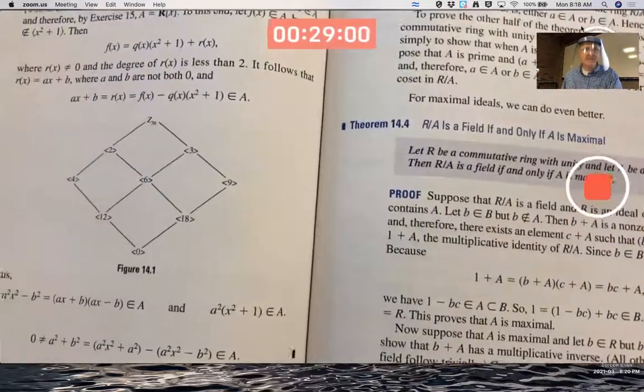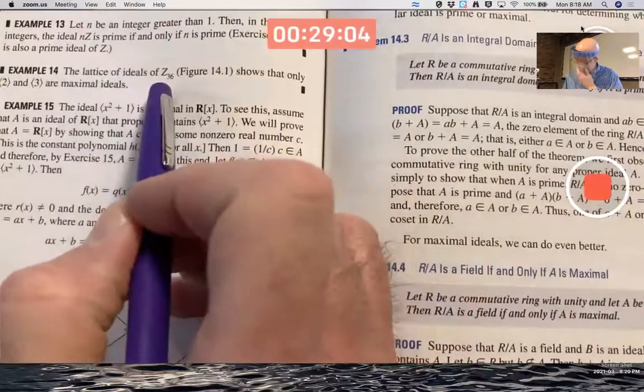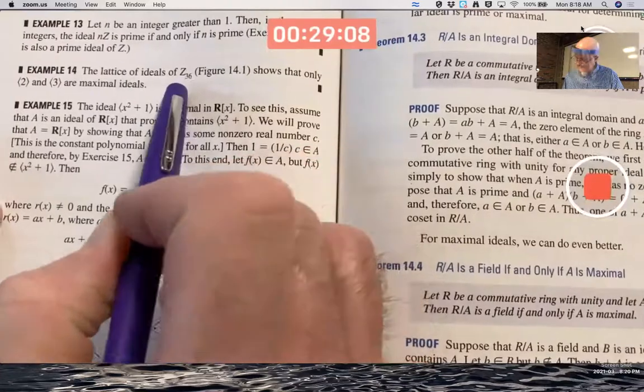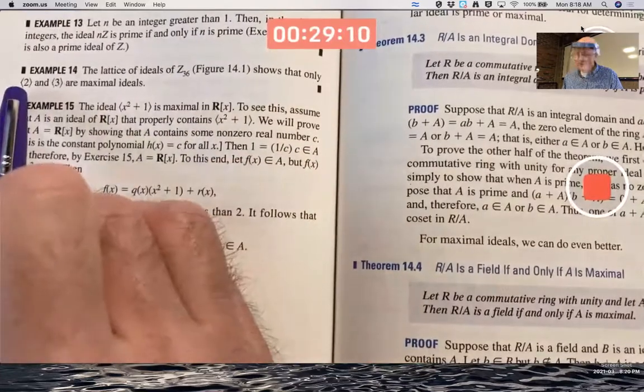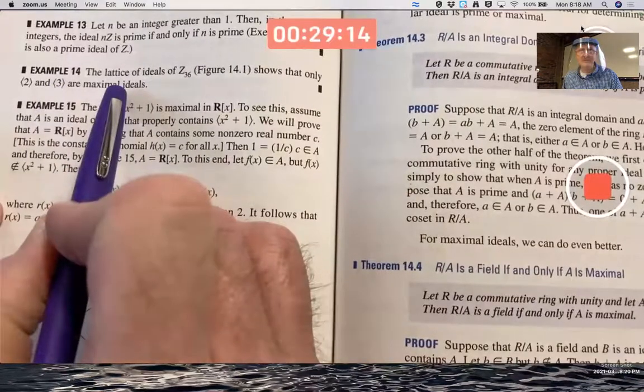Once again, examples help. It's easiest to think about with finite examples like Z36. In Z36, the principal ideal generated by 2 and the principal ideal generated by 3 are maximal ideals.